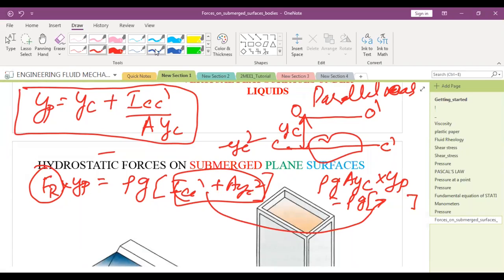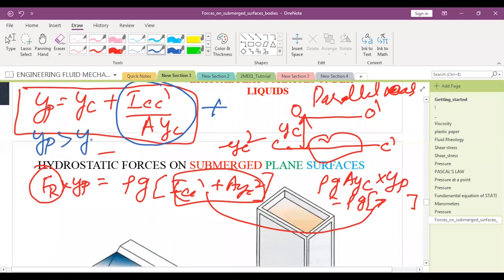And this term is always positive. So it means yp will always be greater than yc in case of submerged surfaces.